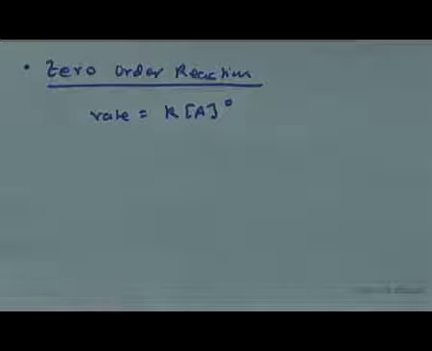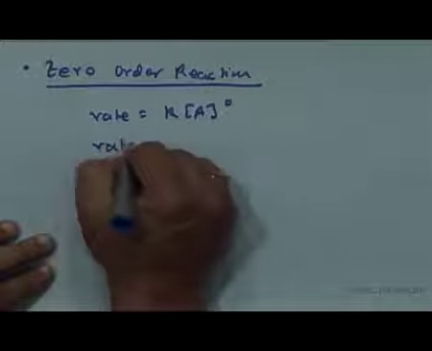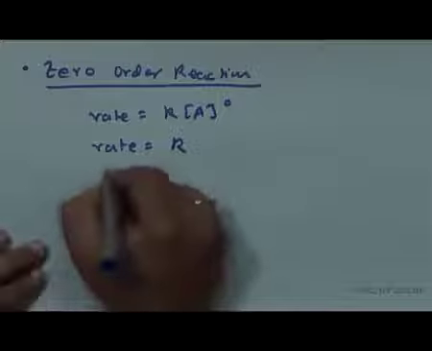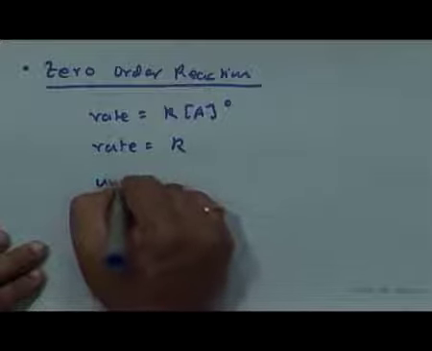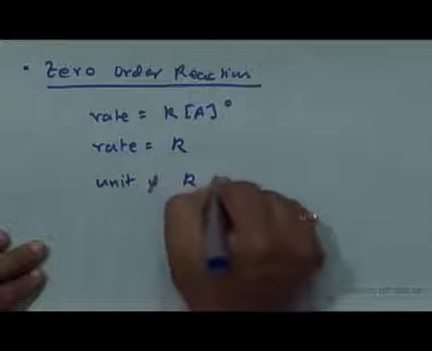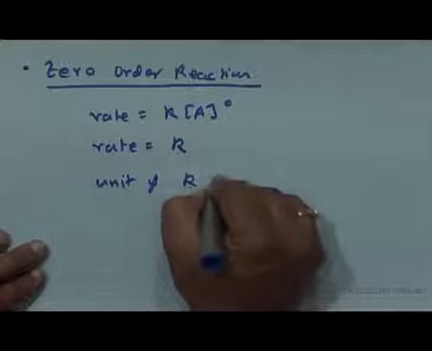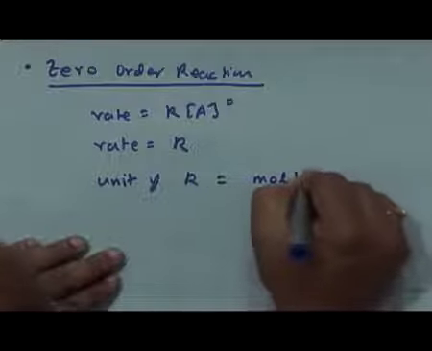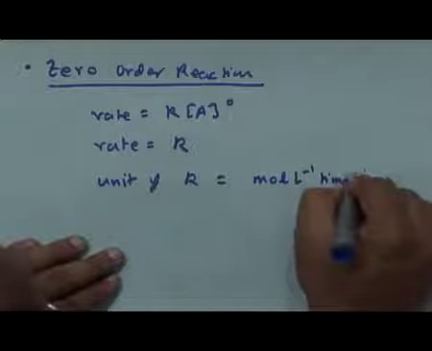Because anything raised to the power 0 is equal to 1, I can write rate is equal to K. So, what does it mean? That means the unit of rate constant is that of the unit of rate, because the rate is equal to K. So, then the unit of K is equal to moles liter inverse time inverse.